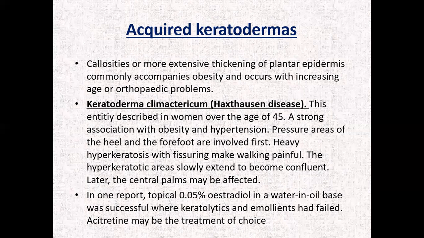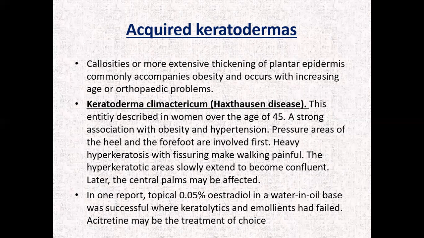There is a common type of acquired keratoderma which is called keratoderma climacterum or Haxthausen disease. This entity is described more commonly in women of age more than 45, and it is associated with obesity and hypertension. Pressure areas of heel and foot are first involved. Heavy hyperkeratosis with fissuring makes walking painful.